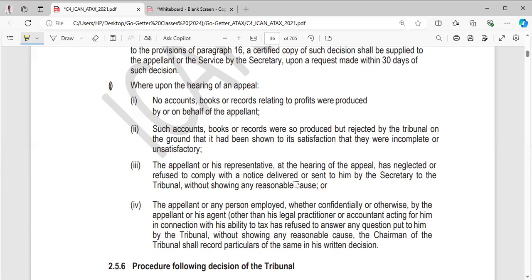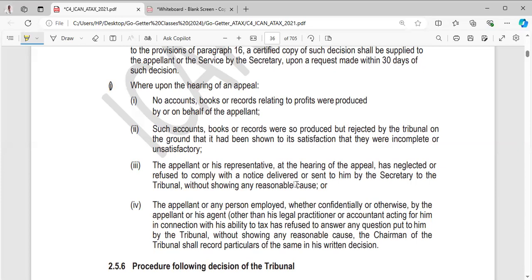So when they are making the judgment, they could say the appellant failed to produce books, records. If they were produced, these were inadequate, they were incomplete, and when we put questions to their representative, they failed to answer without giving any reasonable cause. That will also have an impact on the judgment.